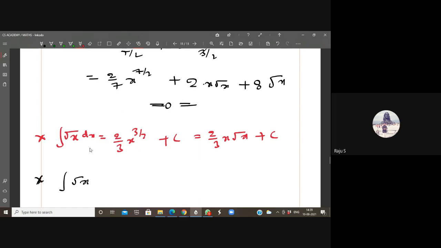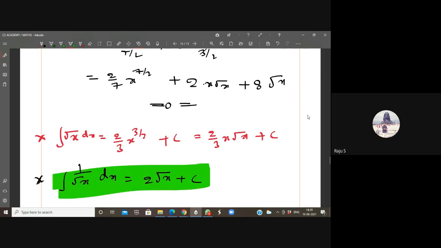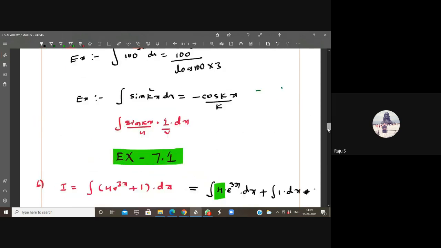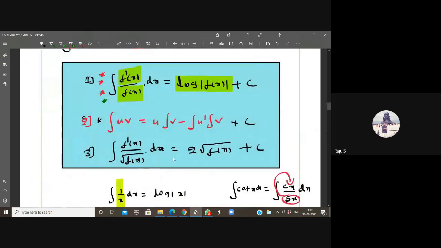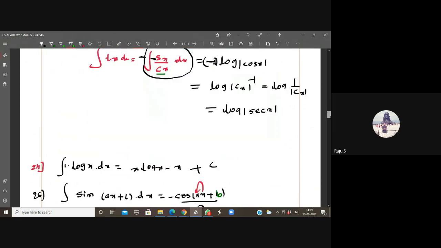Whenever it is integral 1 by root x dx, this is equal to 2 root x. I'll explain this with the help of one of the formulas. That formula I have already written in the bracket. With the help of this third one, we'll write the formula.